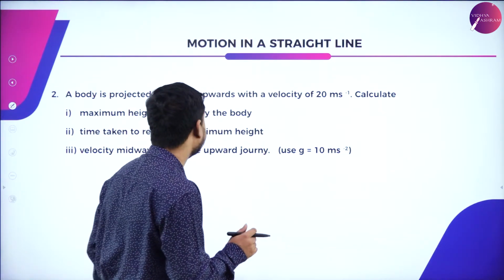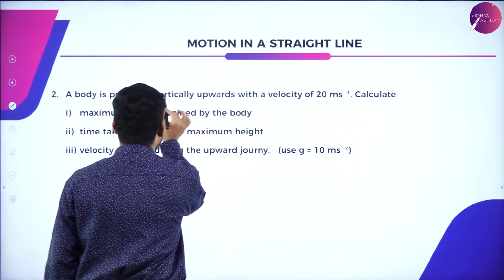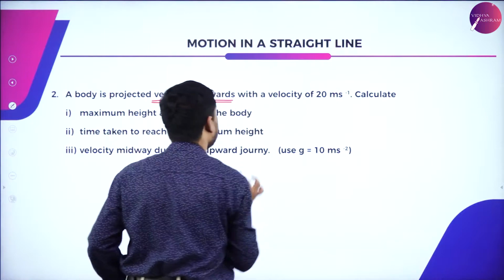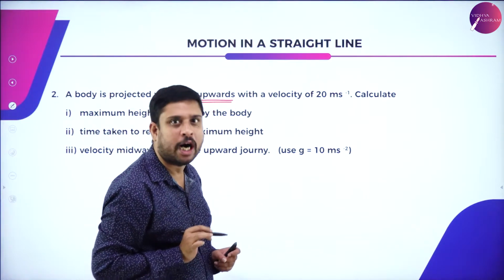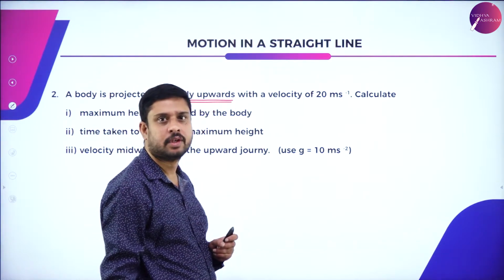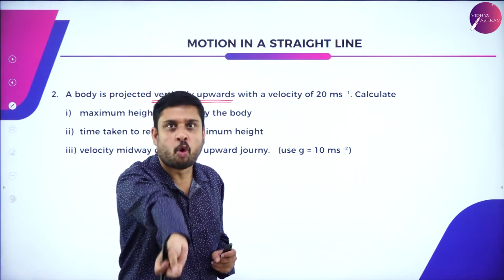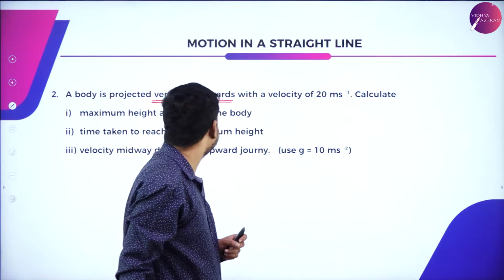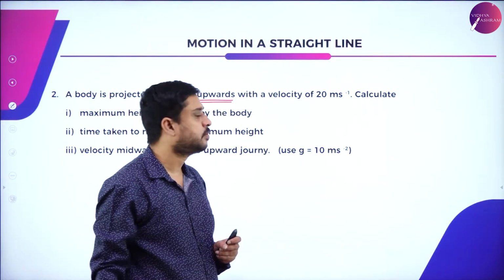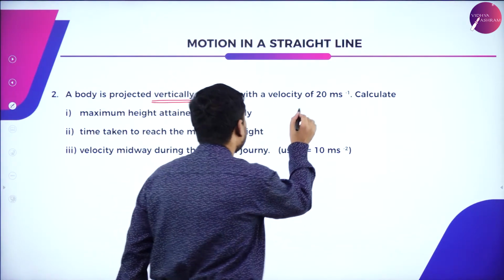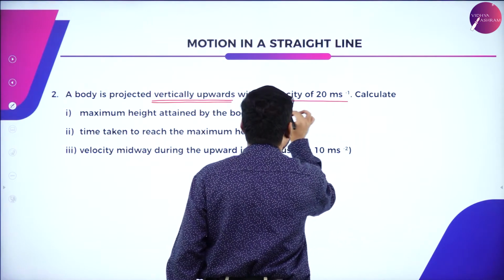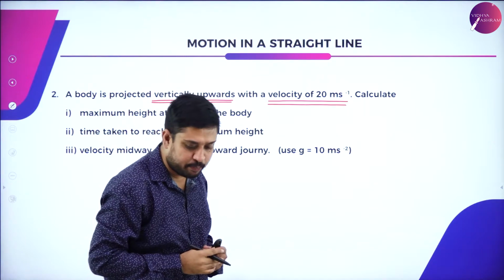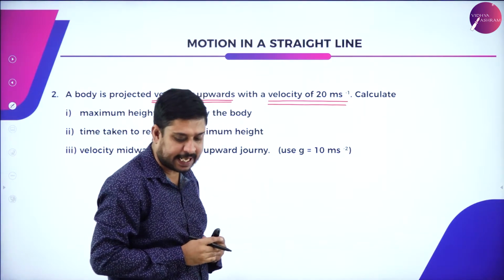A body is projected vertically upwards. A body is thrown or projected vertically upwards with a velocity of 20 meters per second.